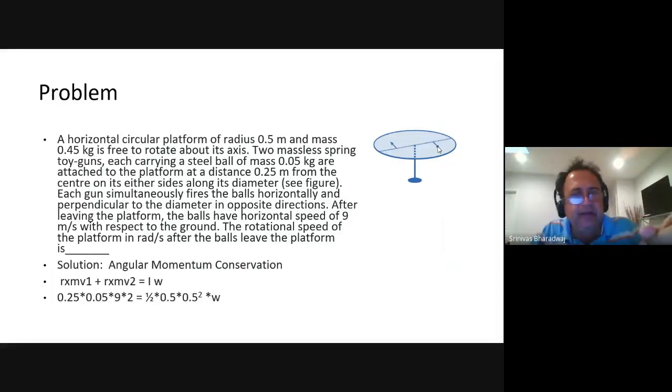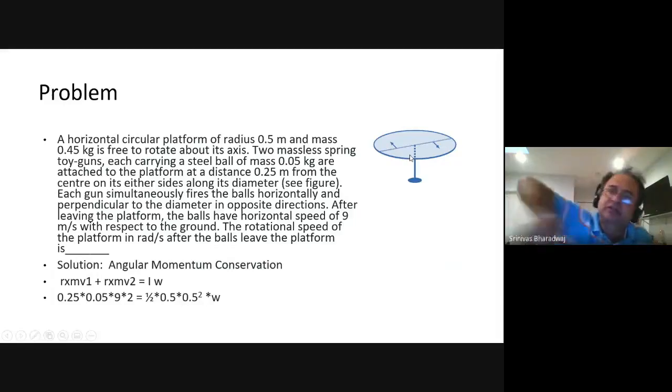So when you fire the gun, what happens? You shoot, you will have a recoil, right? That recoil is going to make it spin. So if you shoot this way, it is going to start spinning this way. If you shoot this way, that is also going to cause it to spin that way.